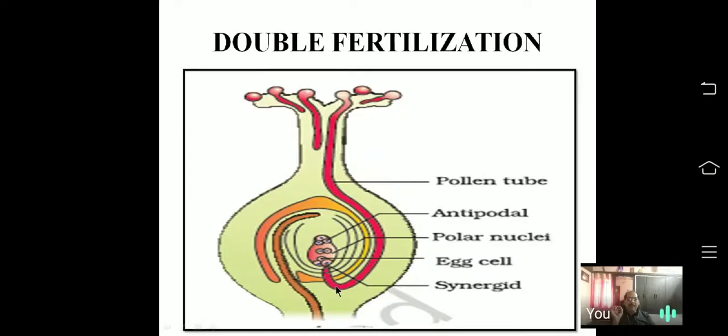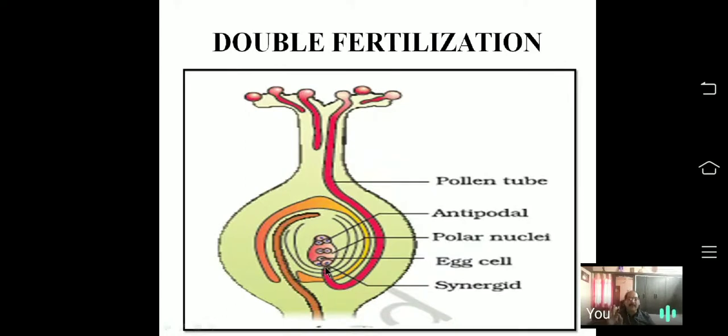Next, this pollen tube enters into the embryo sac, or female gametophyte. It passes through the micropylar region, at the vicinity of the embryo sac.